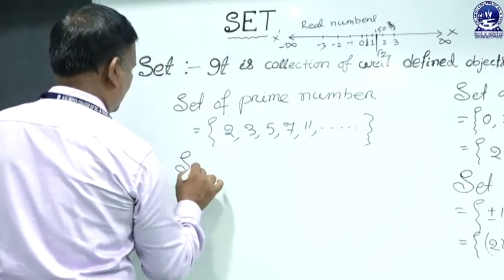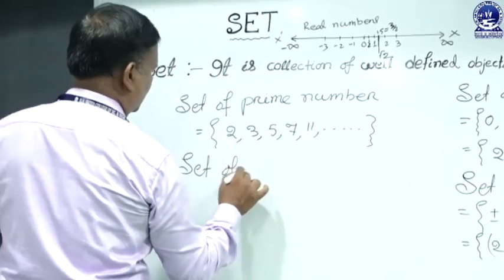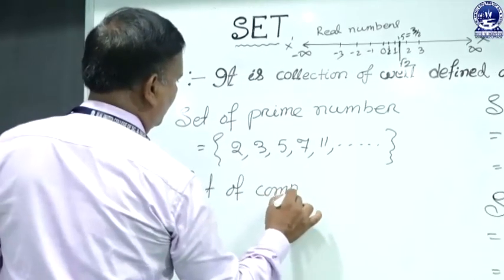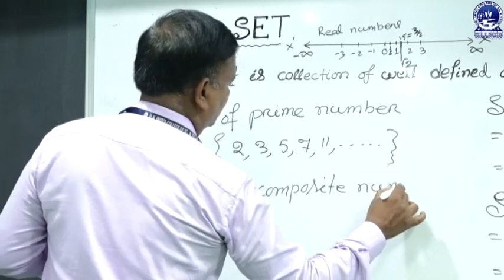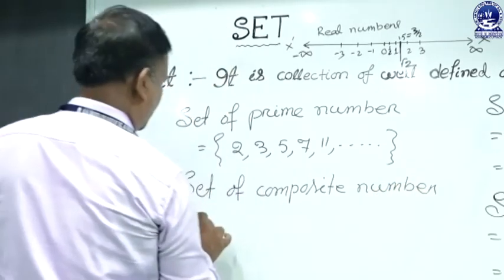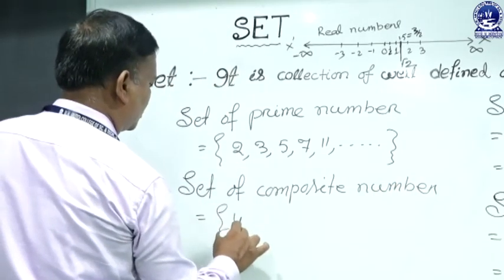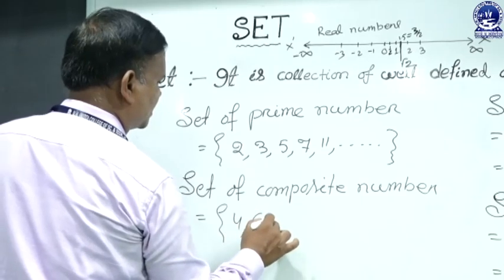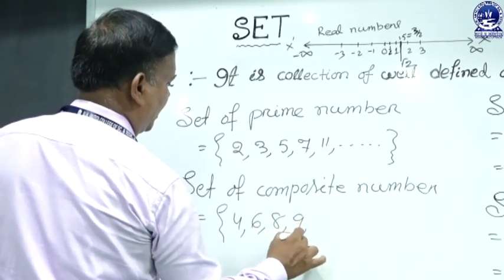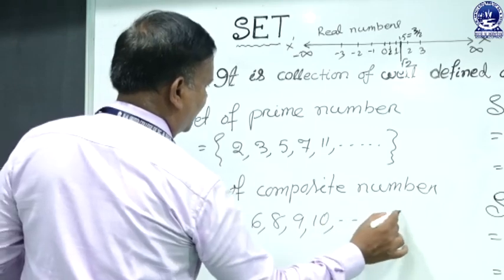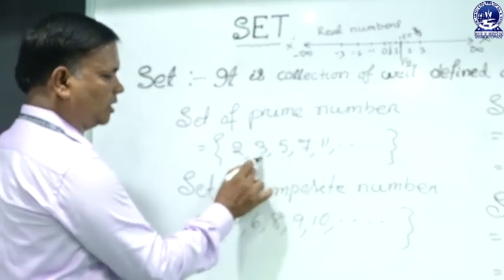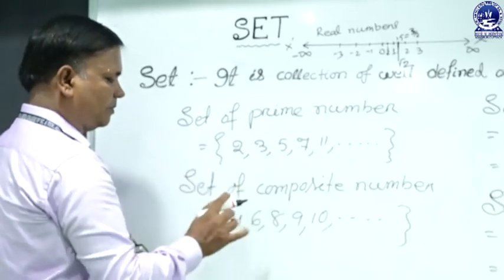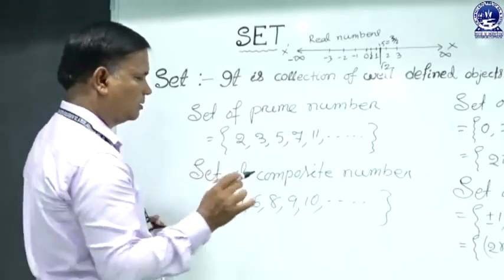Set of composite numbers. That means 4, 6, 8, 9, 10. The remaining numbers except 1, 2, 3, 5, 7. 1 is a special number.